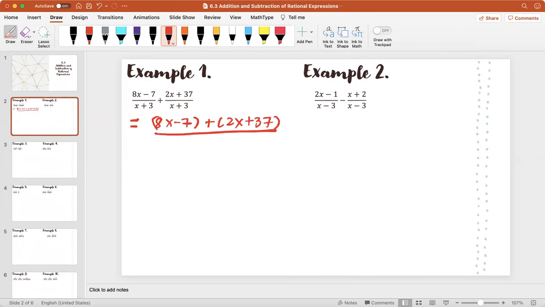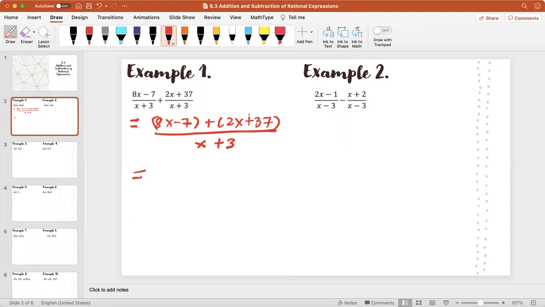We can now put this over just one fraction bar, x plus 3, okay? In your numerator, you have 8x minus 7 plus 2x plus 37. Let's combine like terms. Since the operation here is addition, we don't have any change in signs.